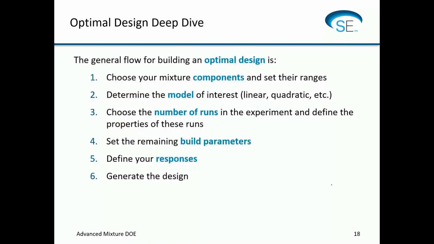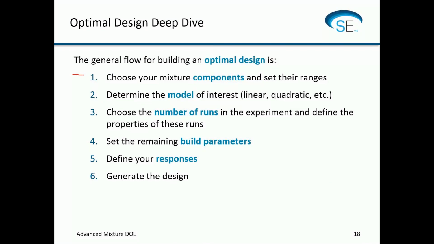So the general flow, here's the workflow that I like to always start with. I always like to have a spreadsheet of these steps when I'm building my design and go through each one, check them off. First one is choose your mixture components and set their ranges. So you basically have to know what problem you're dealing with here.